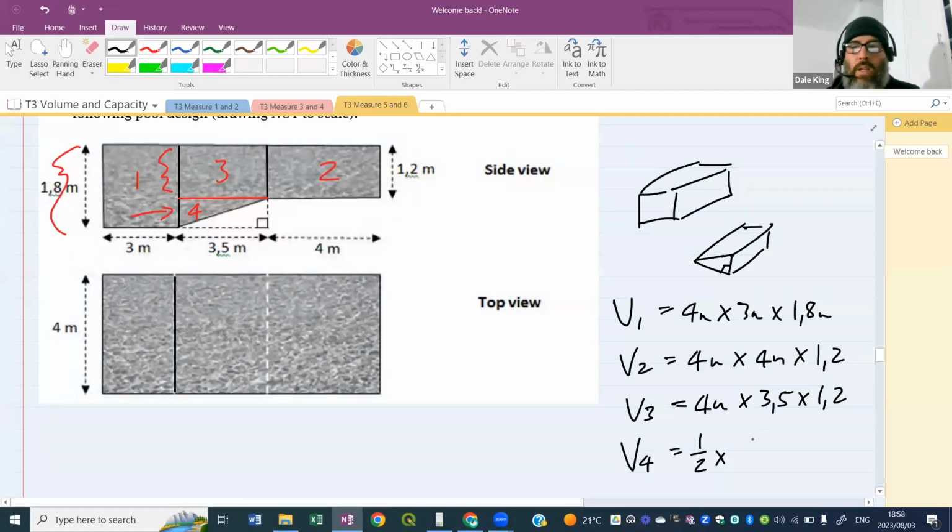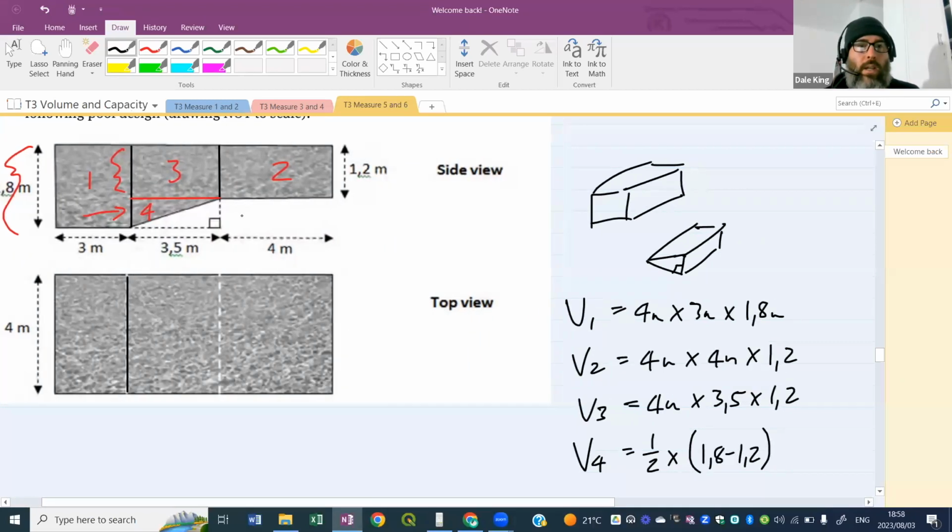I'm going to put that in a bracket, 1,8 minus 1,2, for that side of the triangle. And the height that I'm going to use is this one here. It doesn't matter which one you use. So that's the base. This is the height, which is 3,5. And then I'm going to multiply by 4 at the end. So those are the volumes of all the prisms there.